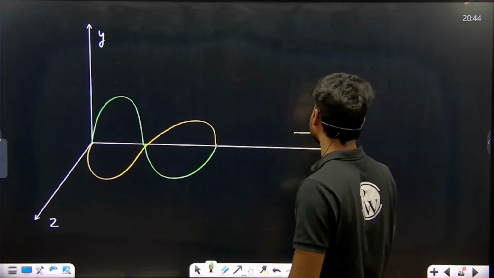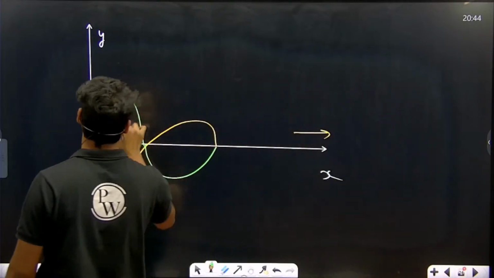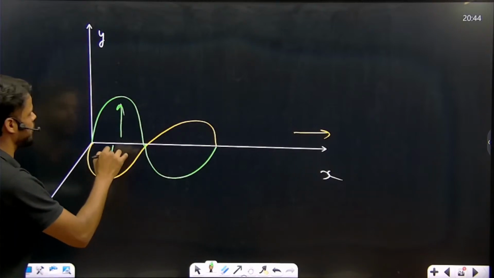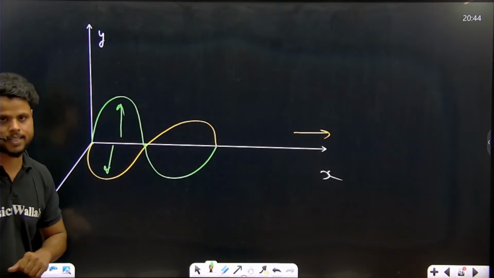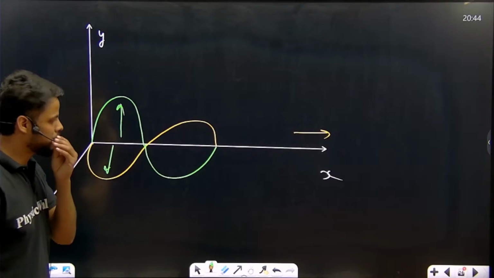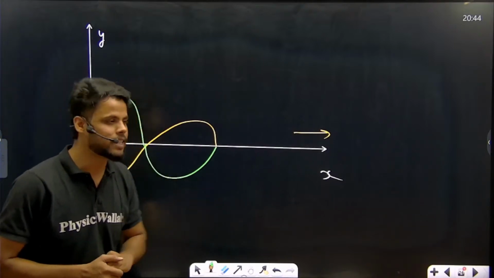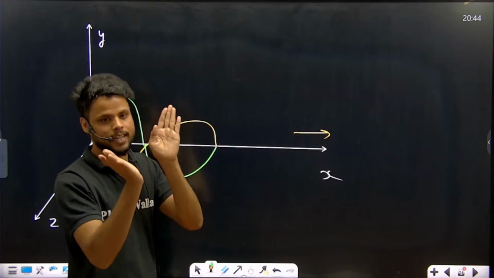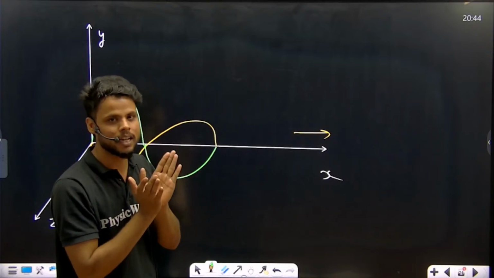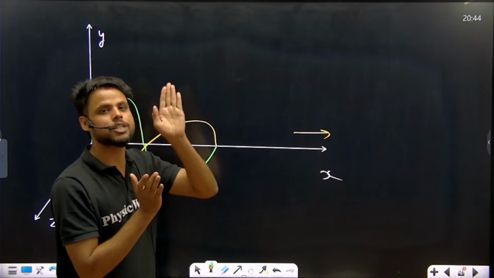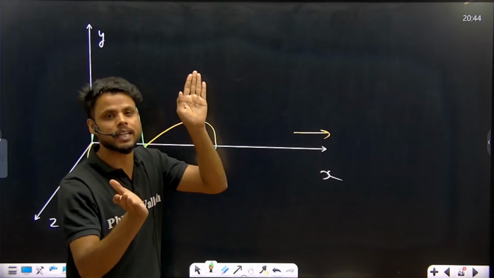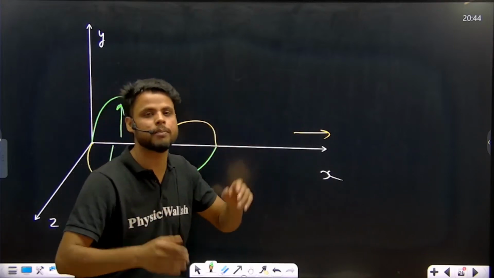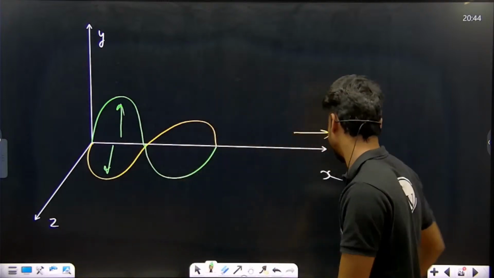If our wave is moving towards the x-axis, then the electric field moves towards the y direction and the magnetic field towards the z direction. And you have seen earlier that if the electric field is moving in this direction, then the magnetic field moves in this direction, and both will be in the same phase. That is, if the electric field is at its maximum, then the magnetic field will be at its maximum. So the phase will be the same for both waves.